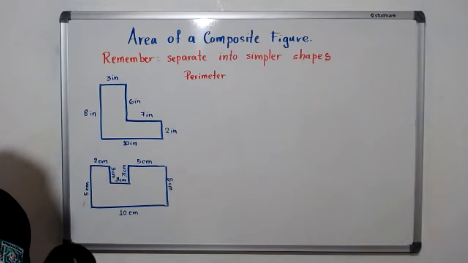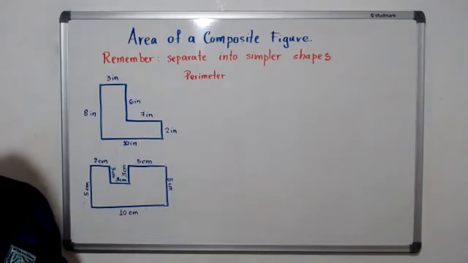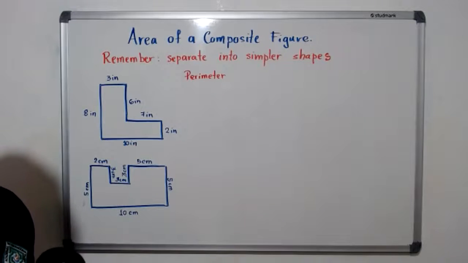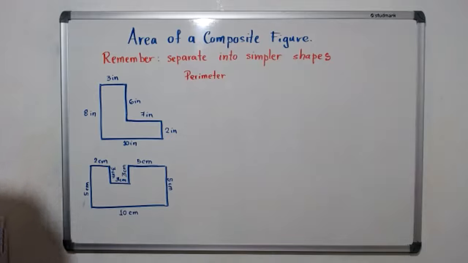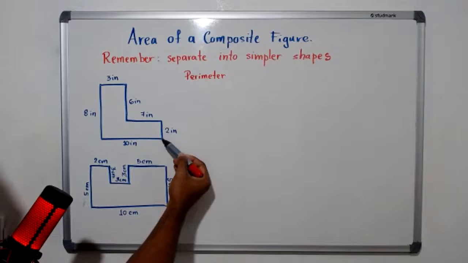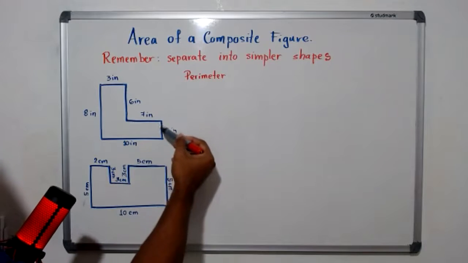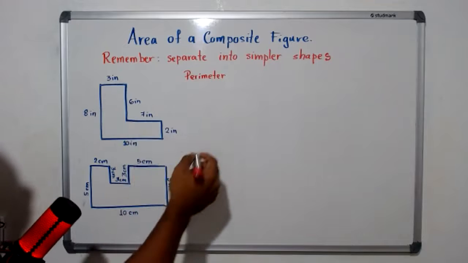The definition of perimeter? Space? No, space is area. Area is the amount of space. Distance. So we're going to calculate all the distance of the edge of the figure. So we need to add.